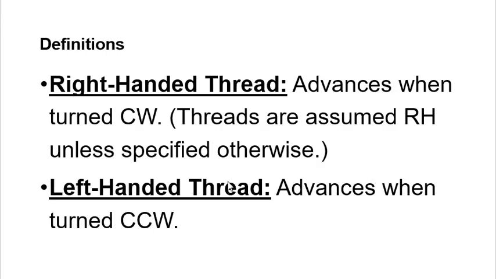This is easy for you. You've been doing this all the time. Your right-handed thread, and then your left hand. If you go right hand, that is clockwise, and the left hand is counterclockwise.